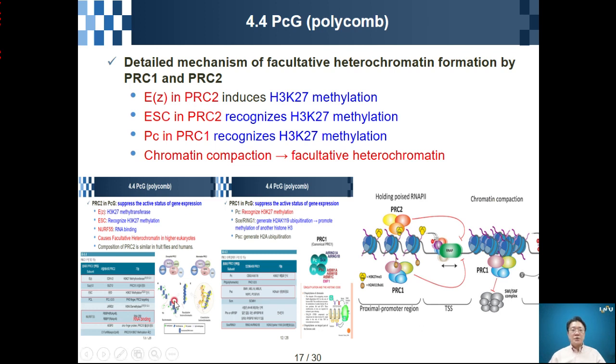So this is we run the PRC2 and PRC1. Each subunit has some specific function. When we purified each subunit, PRC2 had several subunits, and PRC1 also had several subunits.